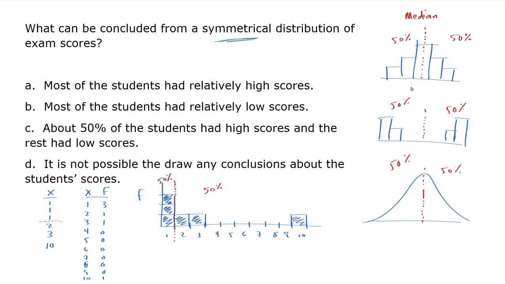However, the mean in a symmetrical graph is also in the same spot as the median. For a symmetrical distribution, the rule is that the mean is the same as the median. So that's the same here, here, and here. They're all equal to the median. It's not going to be the same here.